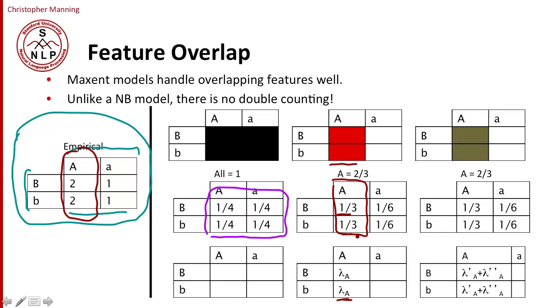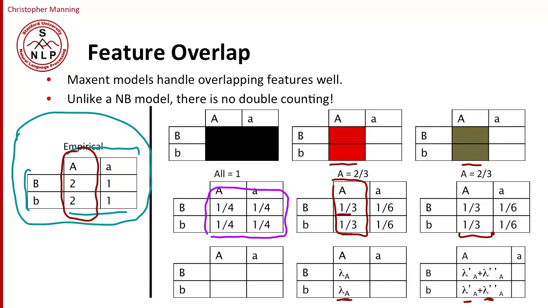Well, suppose what happens is we just add a second feature to the model, which is actually looking at exactly the same thing and saying that the expectation of getting a big A must be 2/3. Well, we now have two parameter weights, lambda prime and lambda double prime, but what we're going to optimize the model to do is to say, well, the sum of the expectations in this column must be 2/3.